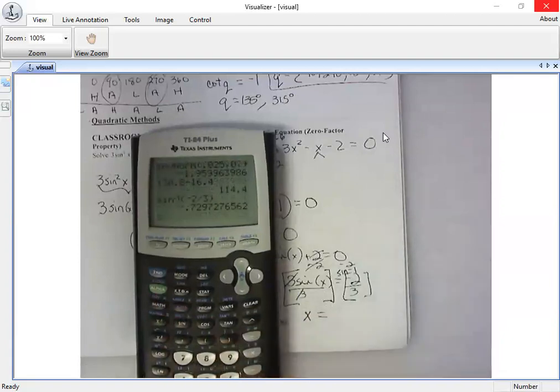Now, I have a -0.729. If I write that using the negative radians, I'm not in the interval between 0 and 2 pi. Okay? So how can I fix that?